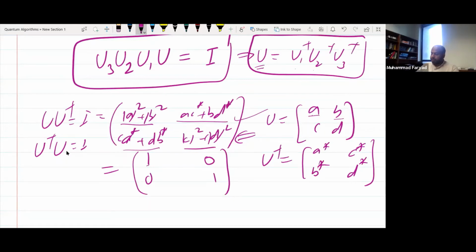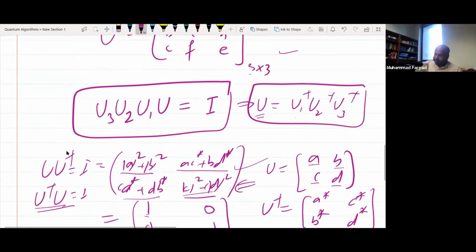So this mod square plus this mod square should be 1. Similarly, this mod square plus this mod square because of this should be 1. And then the product of C with A conjugate plus the product of D with B conjugate, their sum should be 0. And similarly, you can check for cross elements from the second one as well. Okay, so these are the properties of unitary matrices.